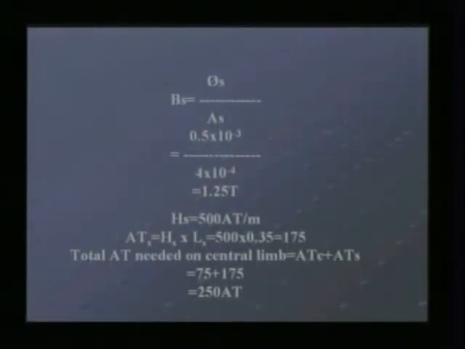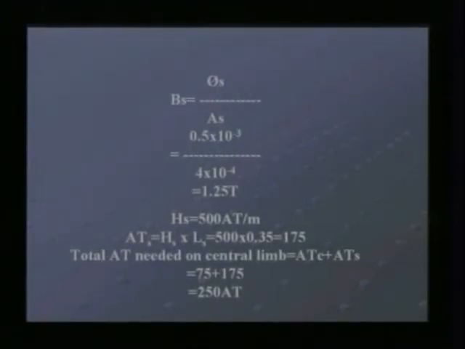Now the side limb flux density Bs is equal to side limb flux phi s divided by area of cross section of side limb As, that is 0.5 into 10 power minus 3 by 4 into 10 power minus 4, that is equal to 1.25 Tesla.